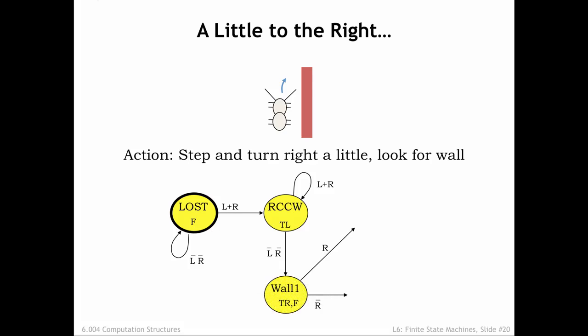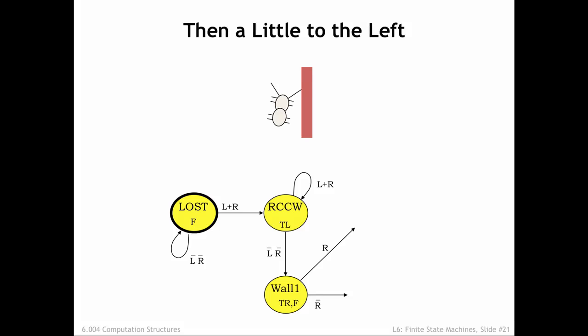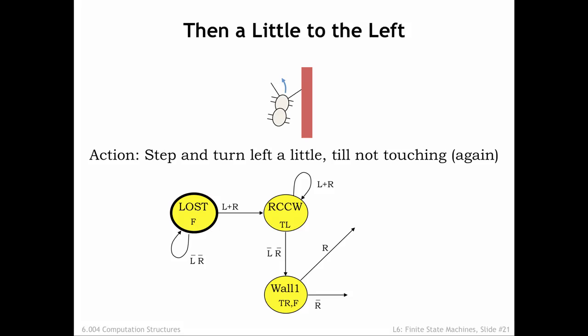The wall 1 state asserts both the turn right and forward outputs, then checks the right antenna to see what it should do next. If the right antenna does touch, as expected, the ant turns left to free the antenna and then steps forward. The wall 2 state asserts both the turn left and forward outputs, then checks the antenna.